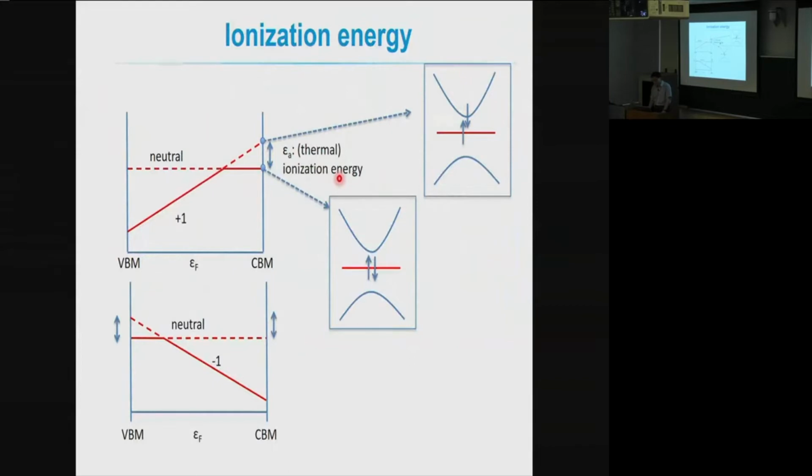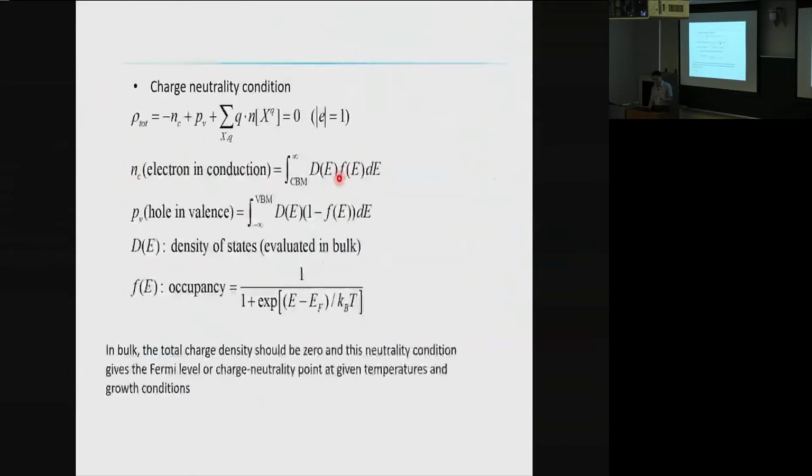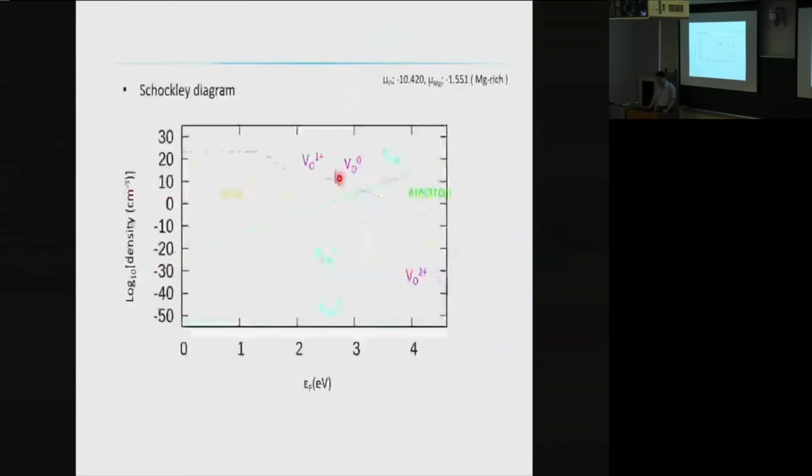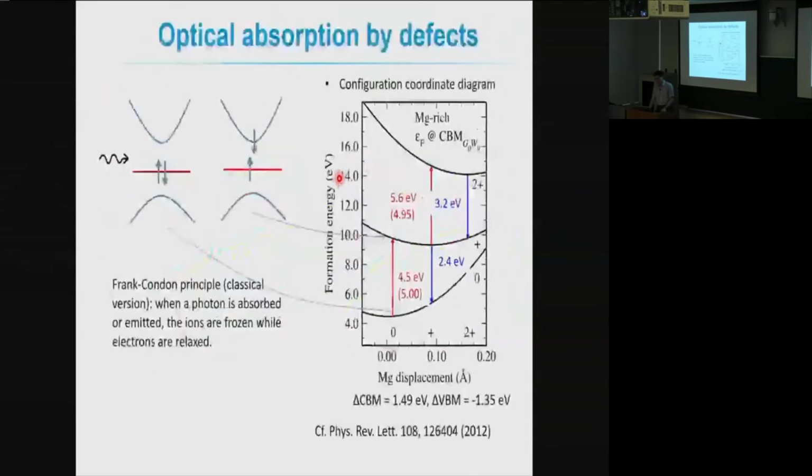However, when the photon is absorbed, the atoms cannot respond so quickly, and therefore the atomic configuration is the same as the neutral defect state, right? And that is the so-called Franck-Condon principle, and this is the classical version, so that when a photon is absorbed or emitted, the ions are frozen while the electrons are relaxed. So this is the Franck-Condon principle. So therefore, for instance, in the neutral configuration, you have this.